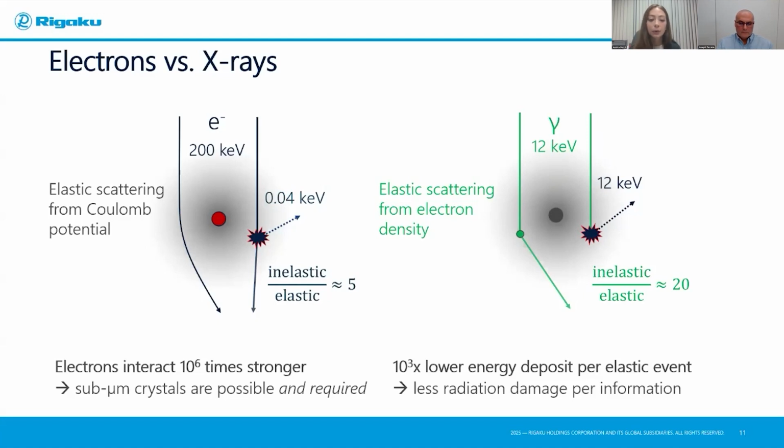Electrons interact orders of magnitude more strongly with our material than X-rays do, meaning that these submicron-sized crystals are both possible, and as we're going to see in the data collection side of things, they are actually required. And another reason why we're able to look at these small crystals is because we actually have less radiation damage per unit of information that we get from the sample or elastically scattered electrons.